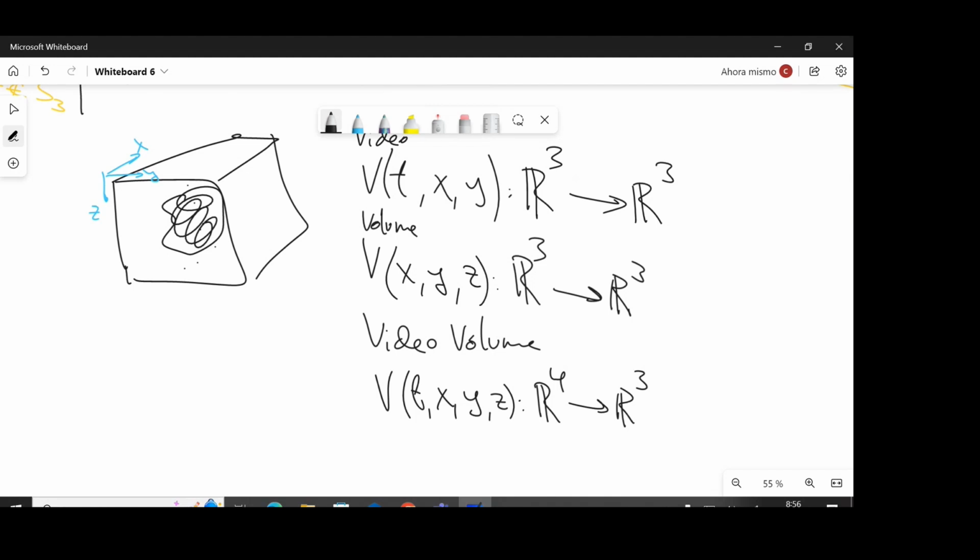So from the point of view of mathematics, a video and a volume is the same. Actually, there are many tools that are borrowed from each different domain. So people working with volumes, from time to time, discover that people working with videos are doing something very nice, and they borrow it, and vice versa.